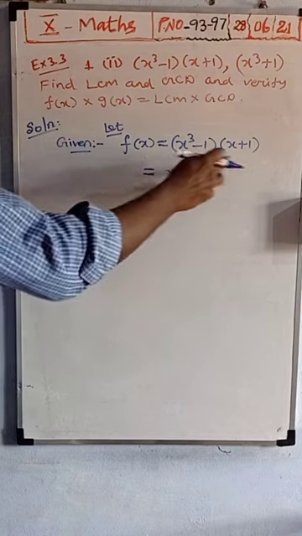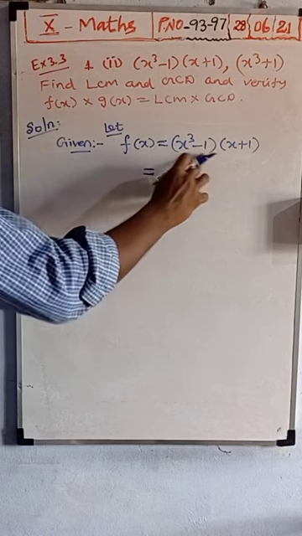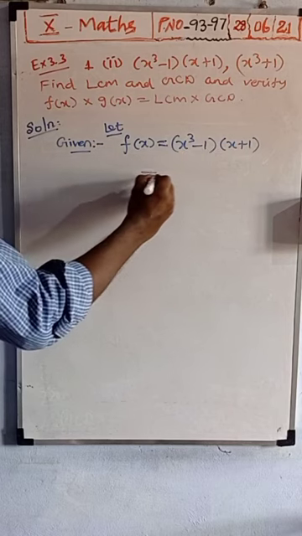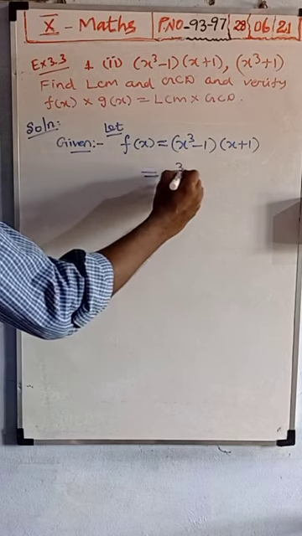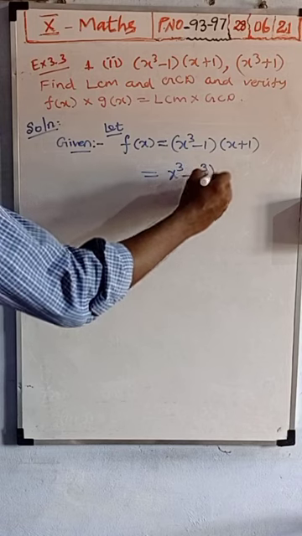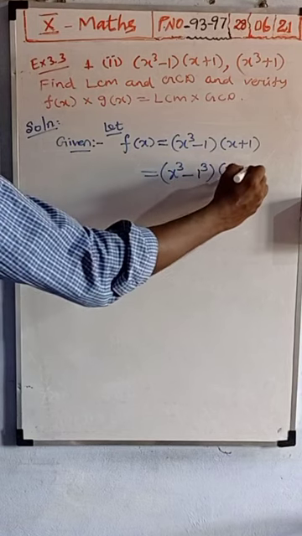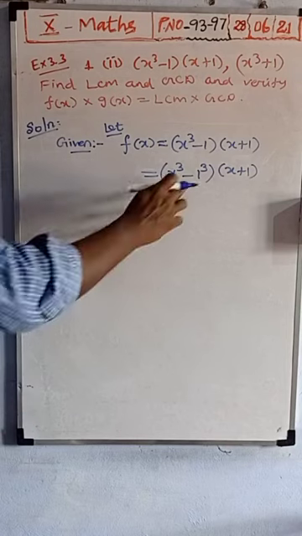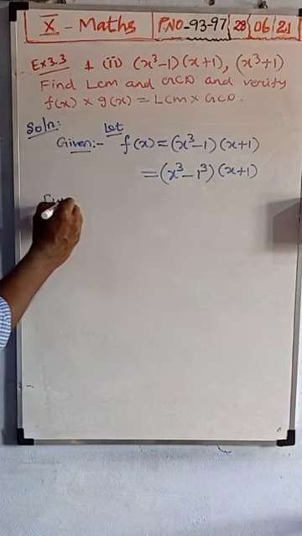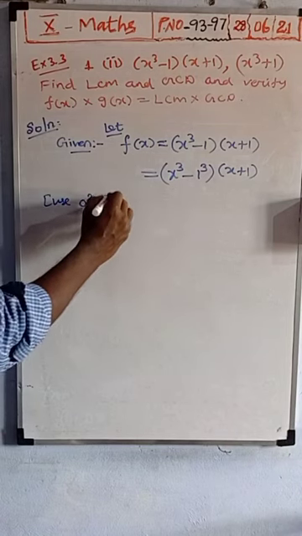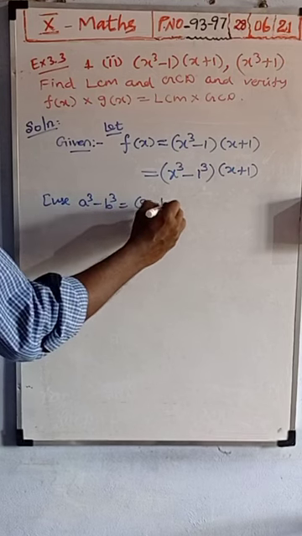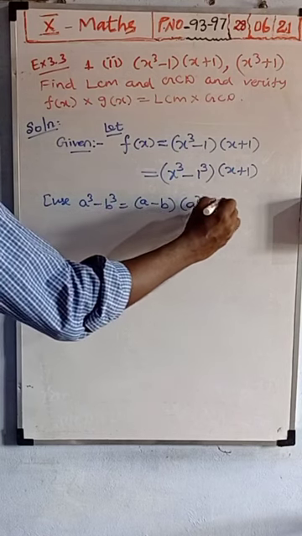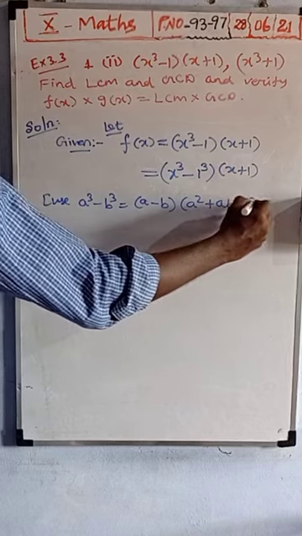Here you see already one factor is given. This you want to find factors. For that, x cube minus 1 you change into x cube minus 1 cube, times x plus 1. Then we know we use the a cube minus b cube formula. What is that? a minus b of a squared plus ab plus b squared.